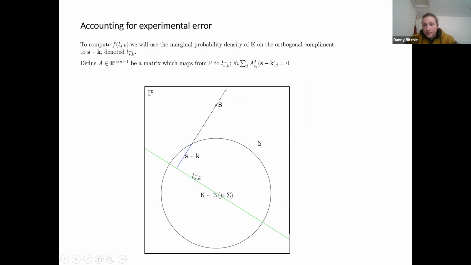In order to do this, the first step is to take the marginal distribution of K on the orthogonal complement to S minus K. In this case, it's just a green line, but in general, it will be an n-1 dimensional hyperplane. To do this, we construct A, which is a matrix which maps from P to the orthogonal complement.